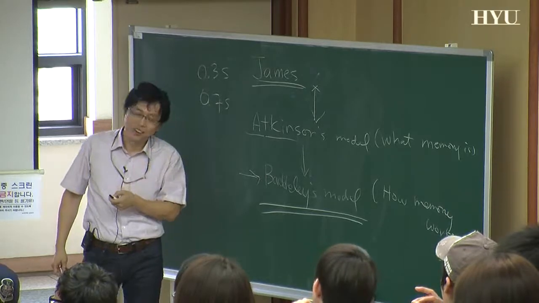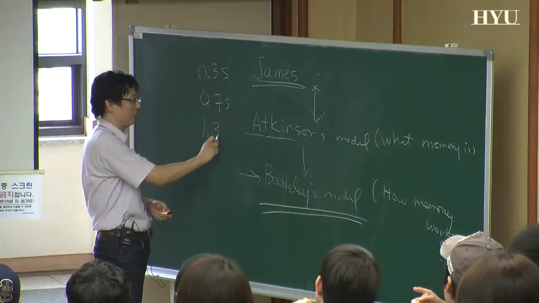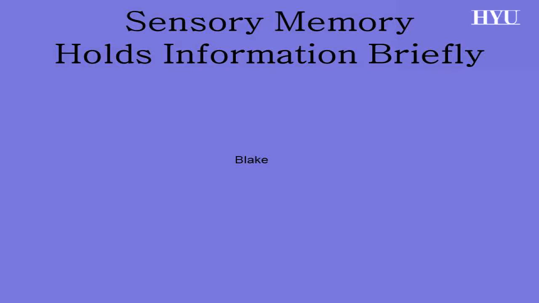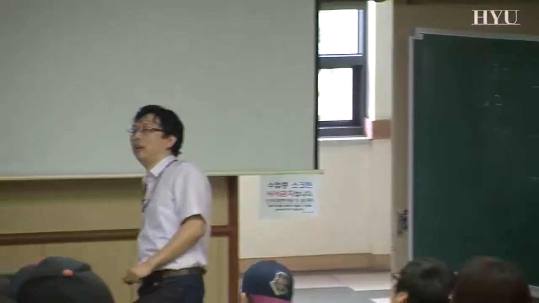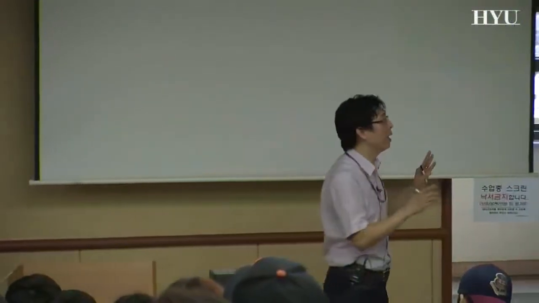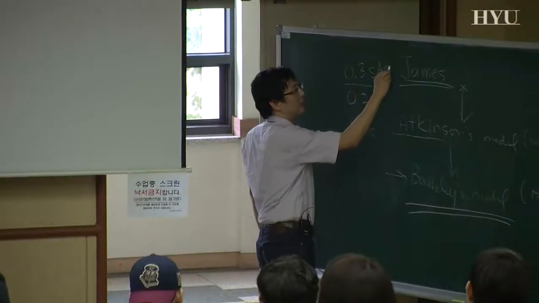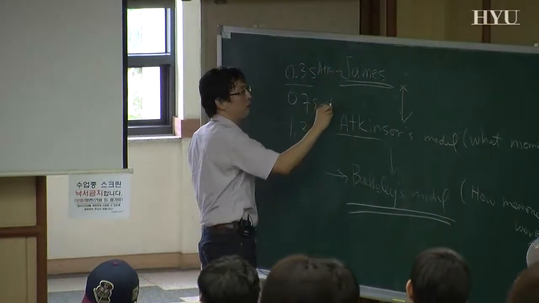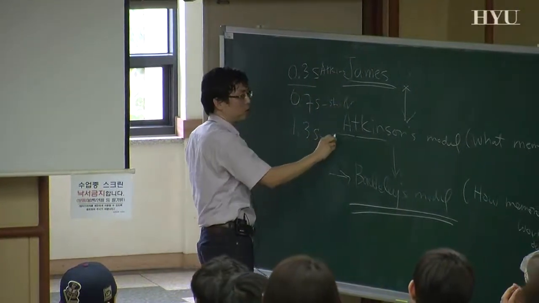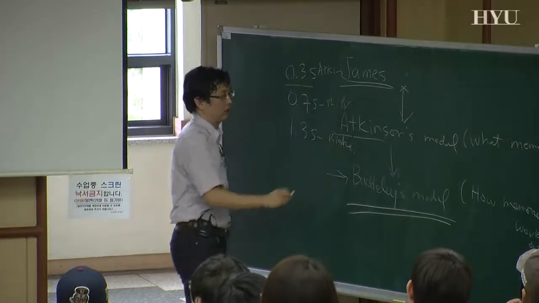Okay, the last one is 1.3 seconds. Many of you never noticed the first time that it was Atkinson. The second one is Shiffrin. And the last one is me, right?